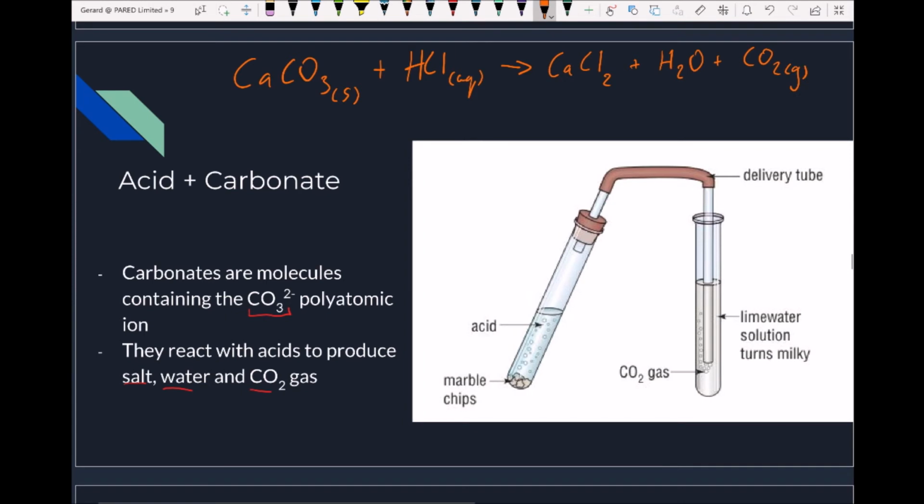If we have a quick look and count up everything, we'll see that it isn't balanced yet because we've got 2 chlorides on the right and only 1 on the left, so we're going to multiply the HCl by 2, which also gives us the extra hydrogen that we needed. Good. So that's our balanced equation, and that's what we end up producing.